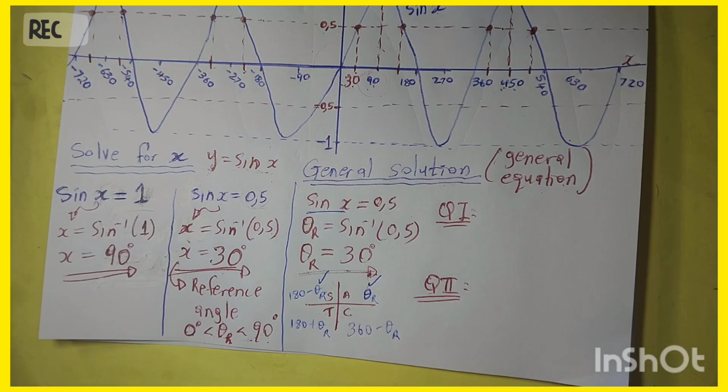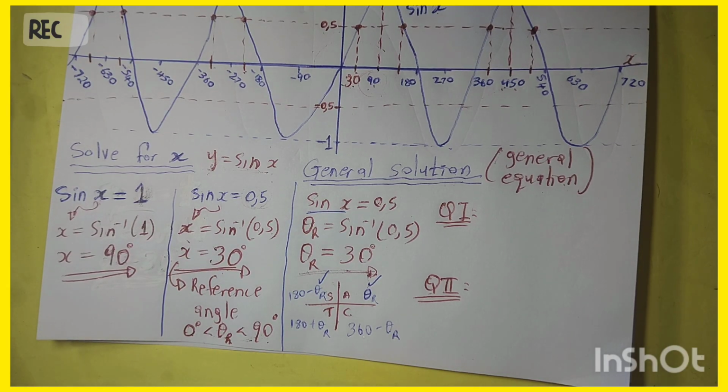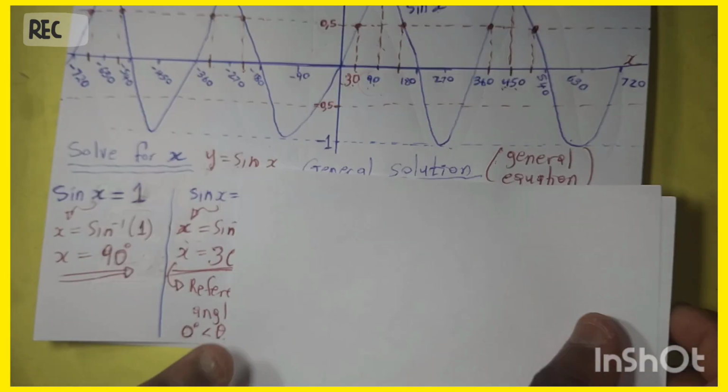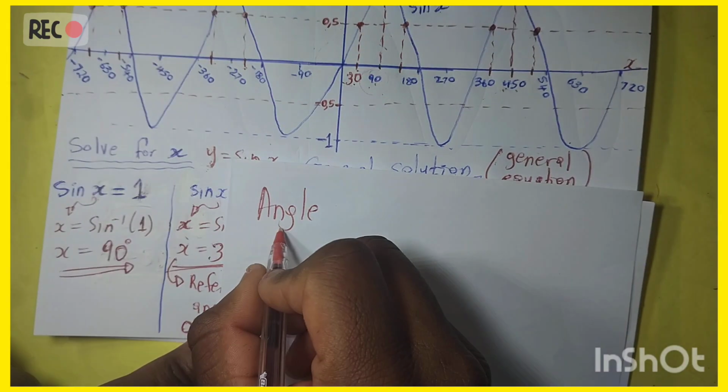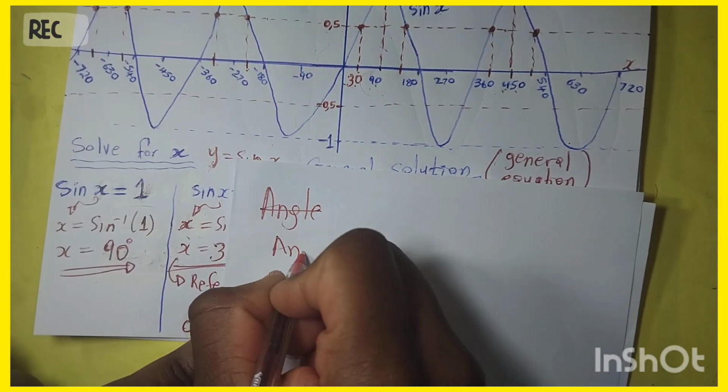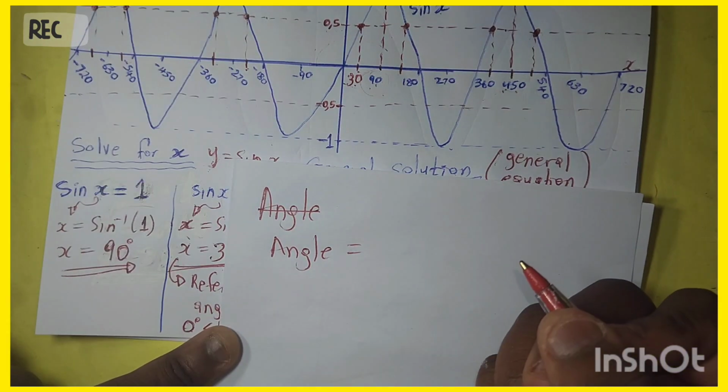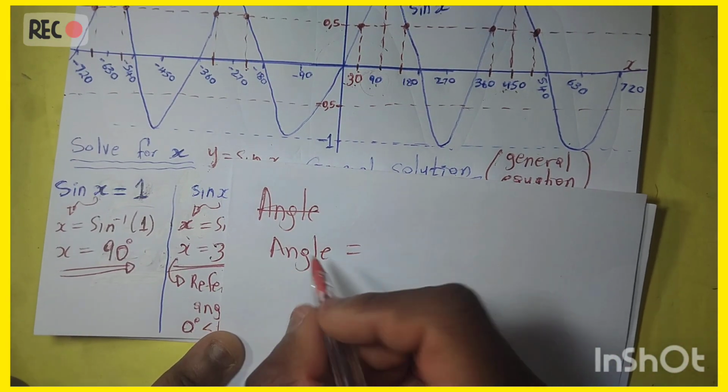So now let's go ahead, guys. For you now to apply a general equation, this is what you should understand. We usually say angle, this one, angle. I hope, guys, this angle is correct.